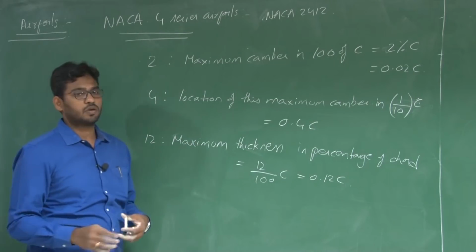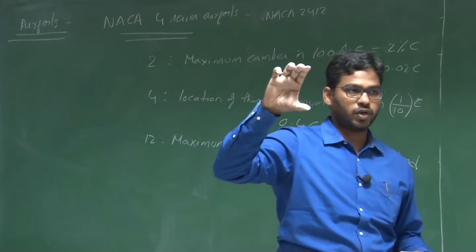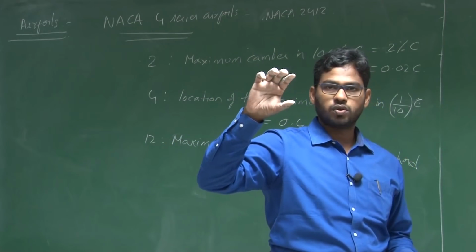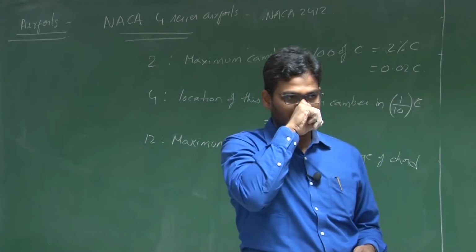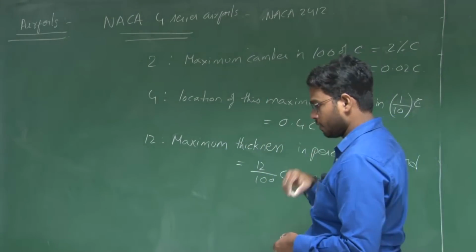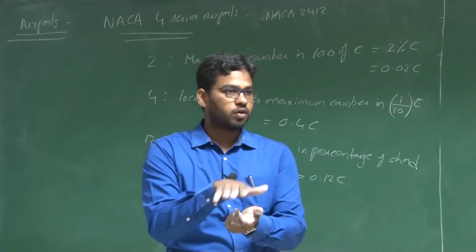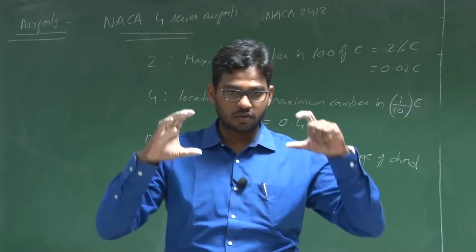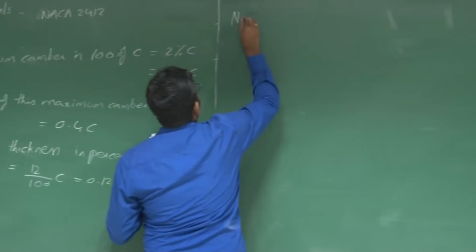So if you have a 1 meter chord, you will have 12 centimeters thickness. All you can get is a maximum thickness of 12 centimeters, so you can design your spar accordingly. And if you want to accommodate a fuel tank in the wing, or batteries in the wing, then you have to keep an upper cap on the battery size or the fuel tank size.